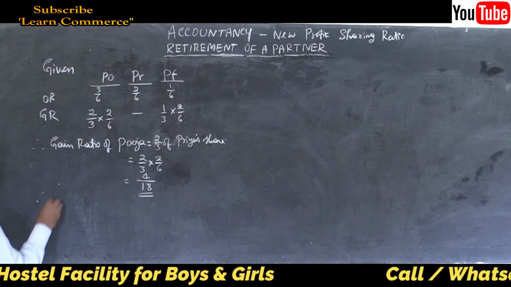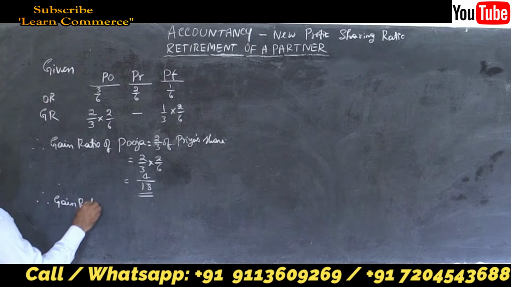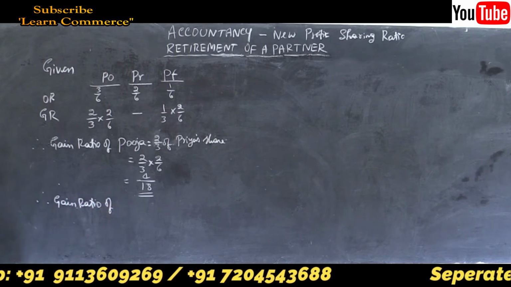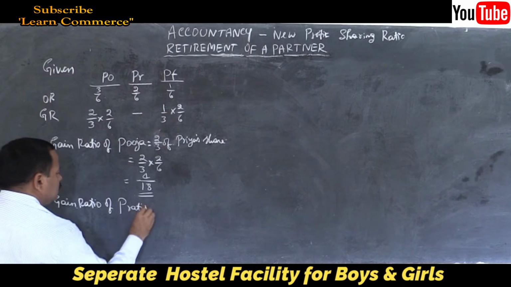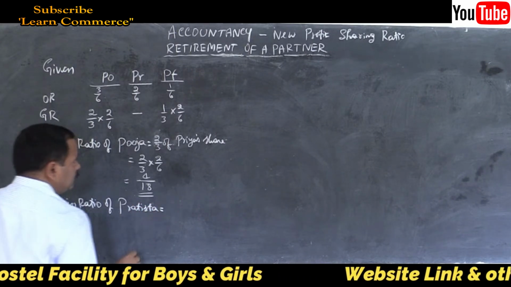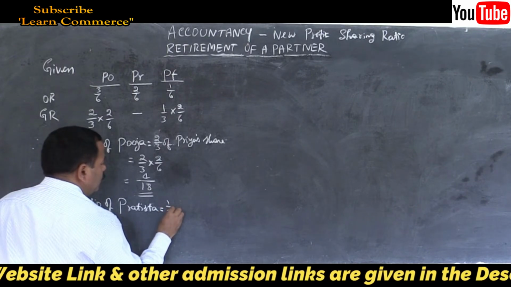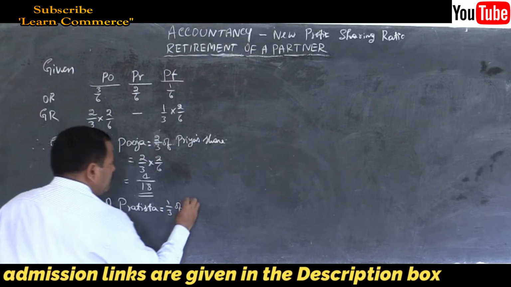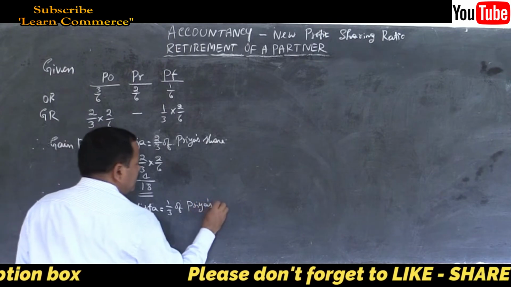Therefore, gain ratio of Pratishtha is equal to 1/3 of Priya's share.